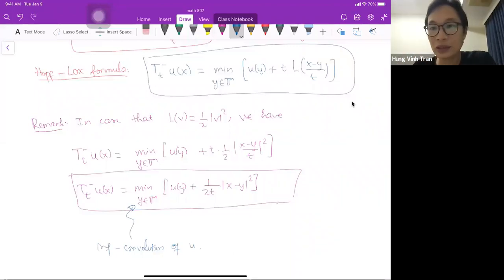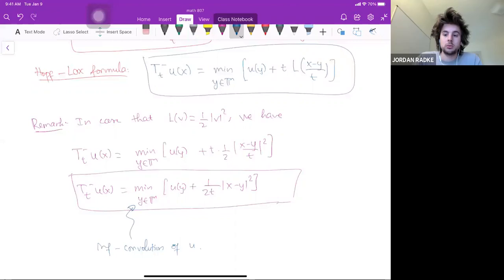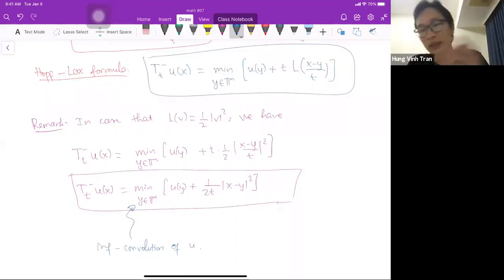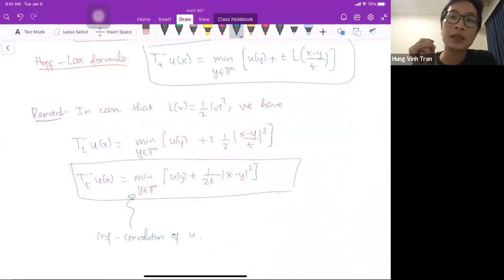This idea is, for example, the key idea for Robert Jensen to prove results for the infinity Laplacian, or in second order Hamilton-Jacobi-Bellman equations to prove well-posedness theory. It's also used a lot in Caffarelli type results, when you need to do regularizations of various kinds of PDEs.